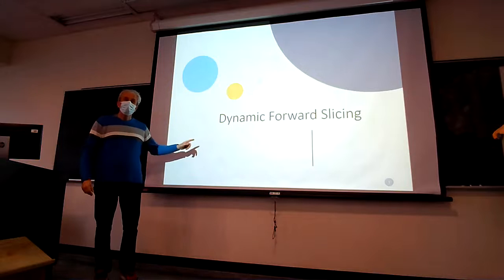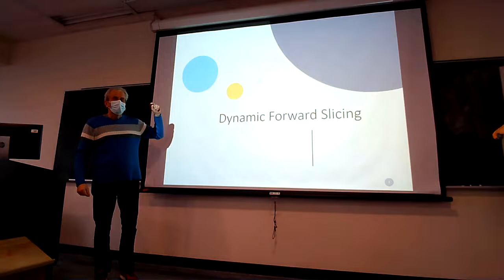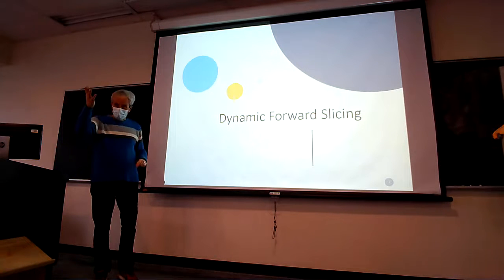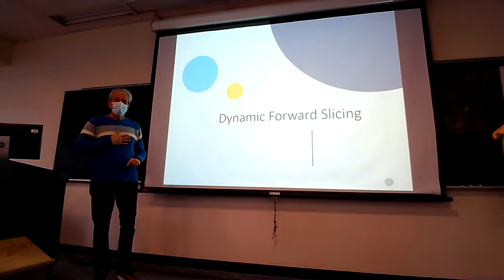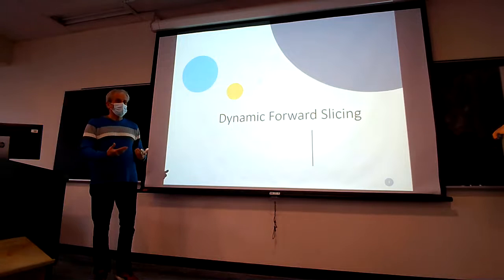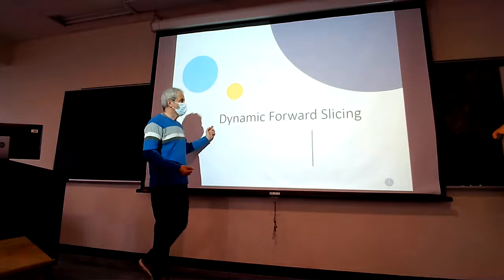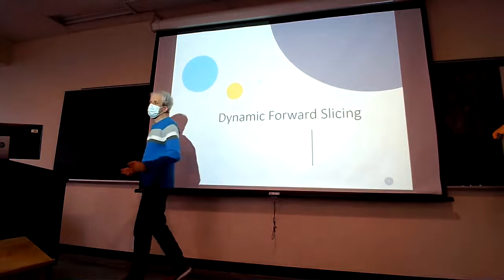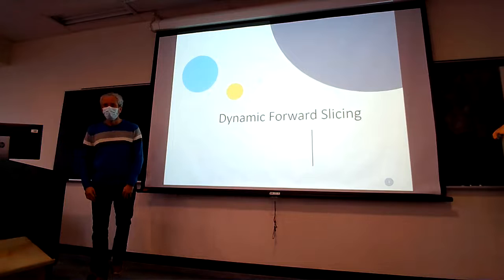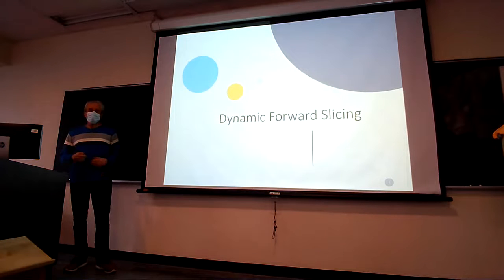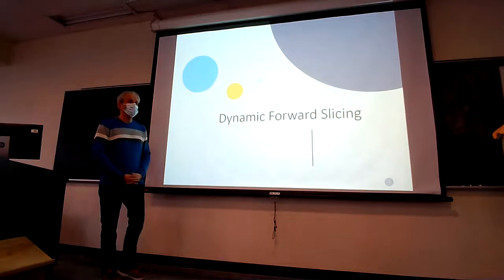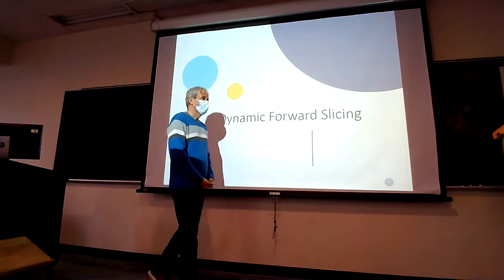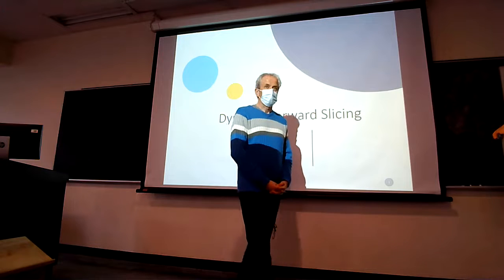Now there are some papers which actually do exactly that, just create a dynamic version. But really, the term dynamic forward slicing, when it was created, meant something different. What it does is try to overcome the space complexity of a dynamic backward slice.